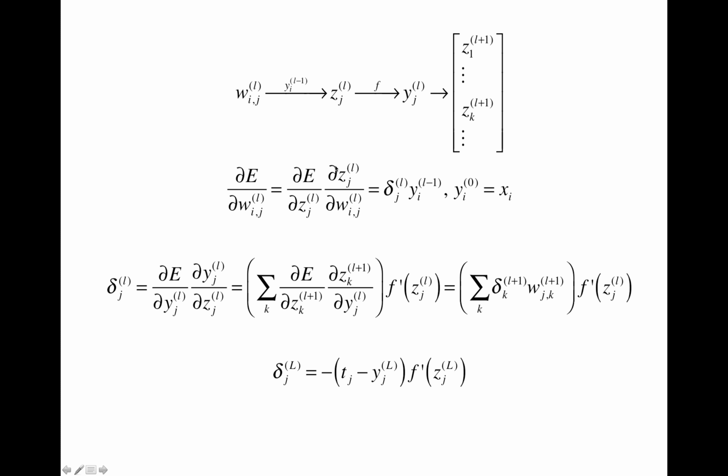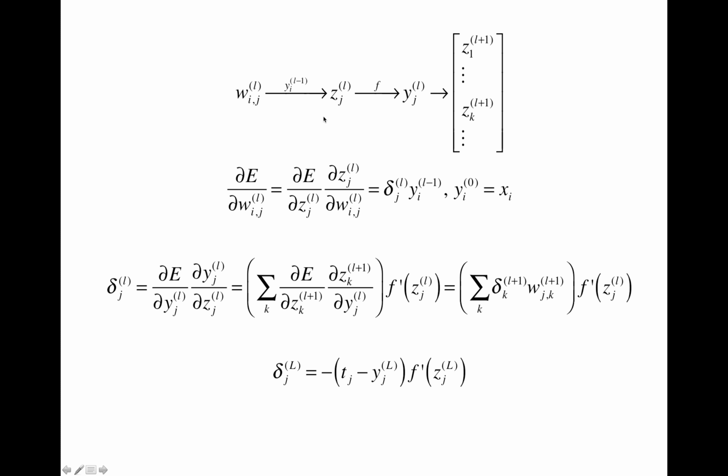So we can apply the chain rule here. The derivative of the error E with respect to the weight W^L_ij equals the derivative with respect to the logit z^L_j, because W^L_ij only contributes to z^L_j.